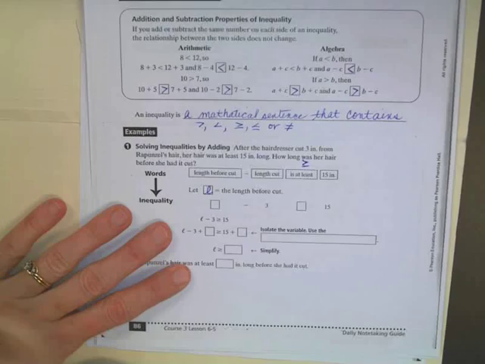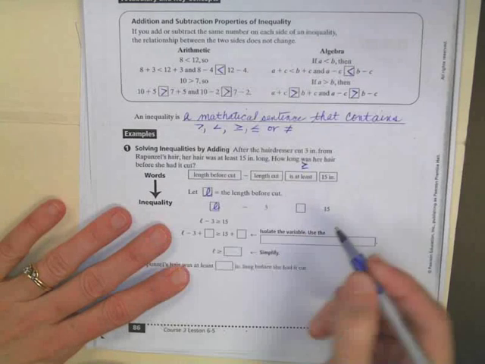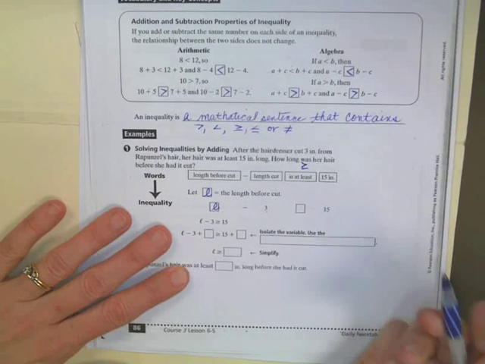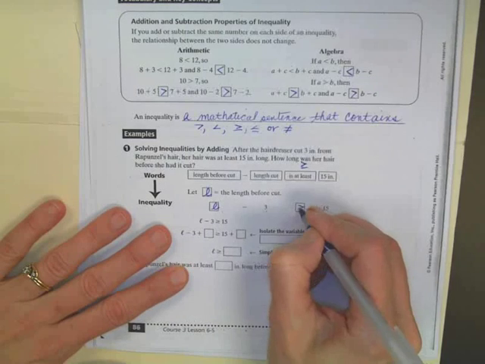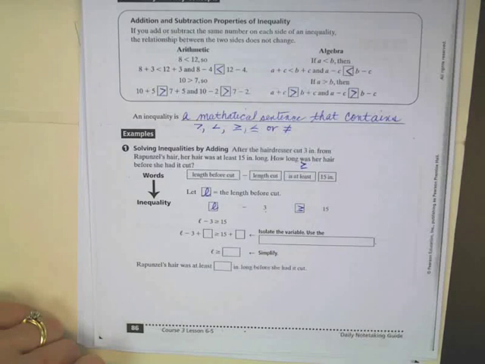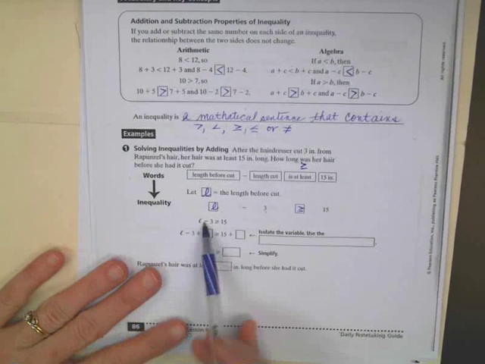So let's say that L is the length before the cut. So L, the length before the cut, minus 3, how much was cut off, is greater than or equal to 15. Okay, so let's get started here.